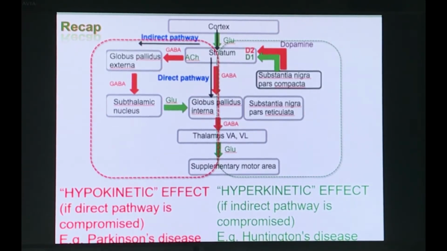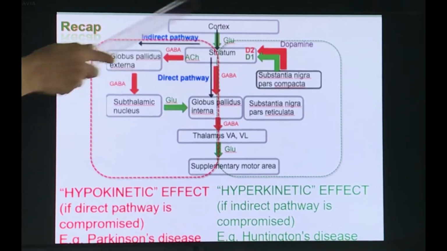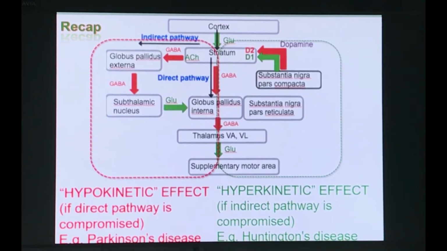So when the dopamine binds with the D2 receptors, these neurons are inhibited, so that the indirect pathway is inhibited.